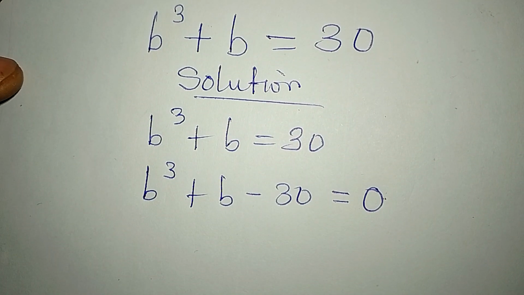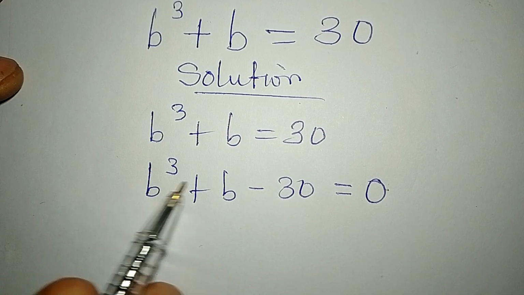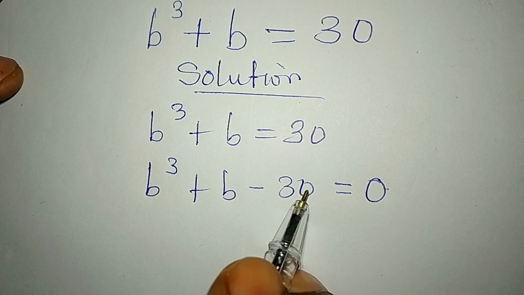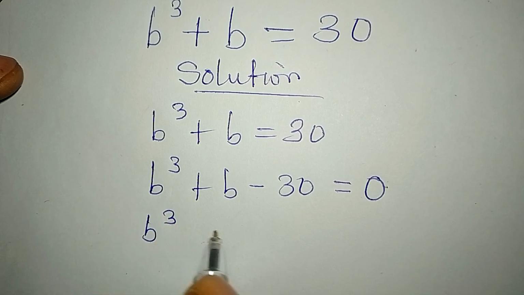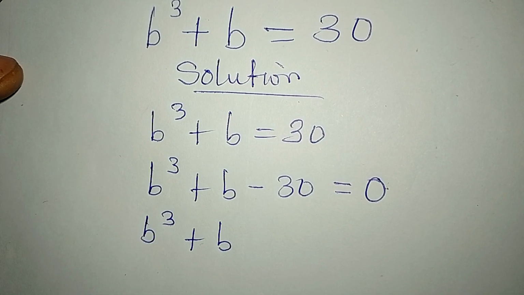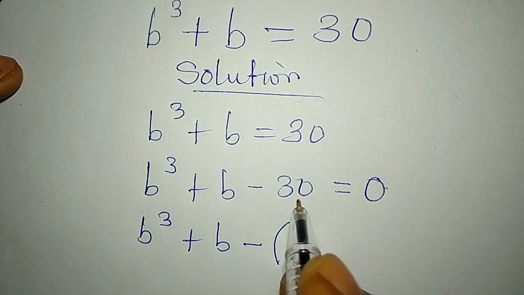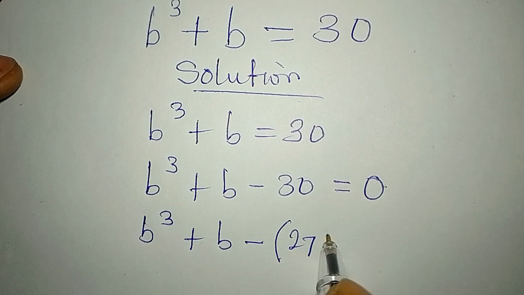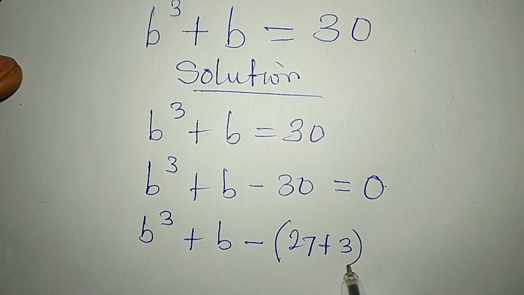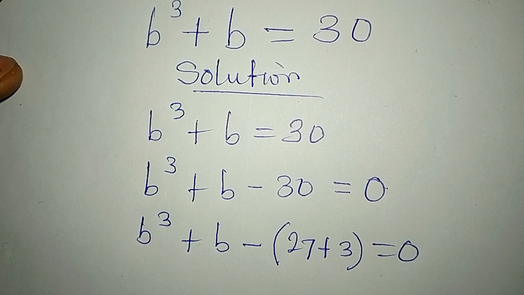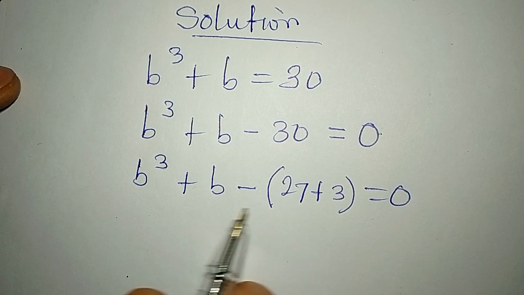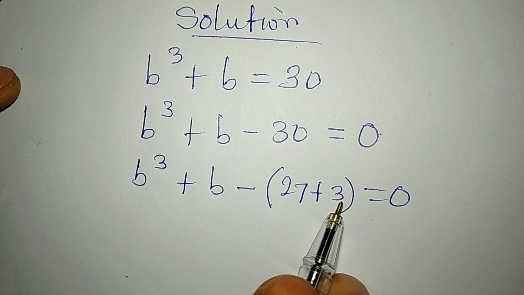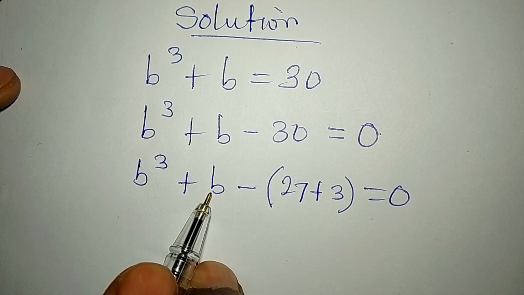Now, from here, to factorize what we have here, we are going to break this 30 down so that we have b to the power of 3 plus b, then minus 30 can be 27 plus 3, and this is equal to 0. Now, this 27 can be written in the form of this, while 3 is already in this form, right?